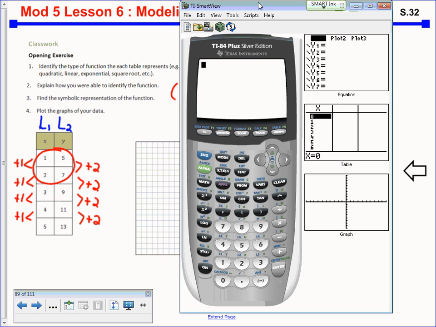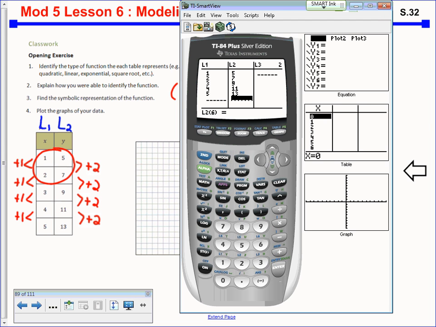So in our calculator, if I go under Stat, Edit, if you have anything in the lists, clear them out. Under list number 1, let us type in my x values: 1, 2, 3, 4, 5. And then under list 2, I'm going to type in 5, 7, 9, 11, and 13.